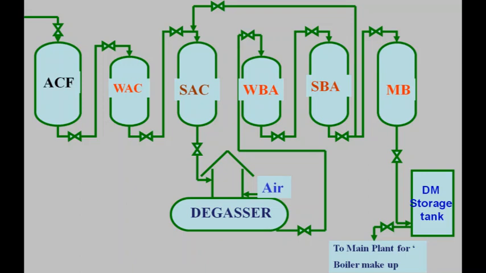For that, we have activated carbon filter, weak acid cation, strong acid cation, then degasifier, then weak base anion and strong base anion, and mixed bed. When we pass this clarified water through this train, we get demineralized water with pH level 8.5 to 9, and this is stored in the DM storage tank and subsequently used for boiler water purpose.